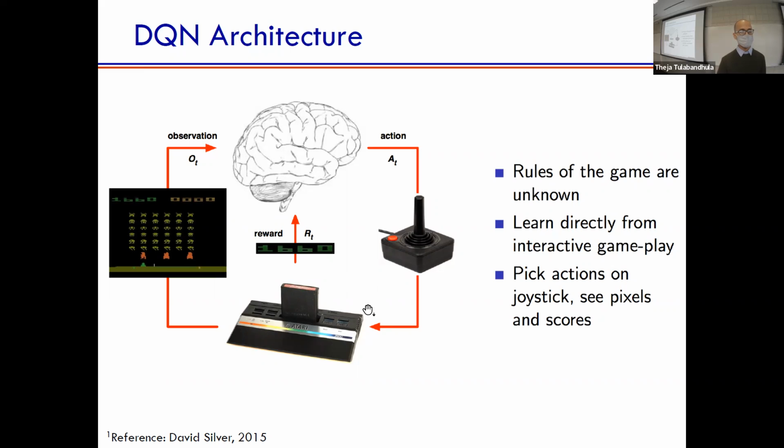Think of this brain as an agent. For now it could be a human, but in our case we want to create software. The agent takes an action using the joystick. That action signal goes into this Atari game box, and the action is displayed as what happens there, and you also get back a reward for that action that you took.